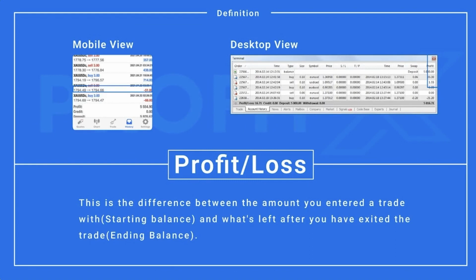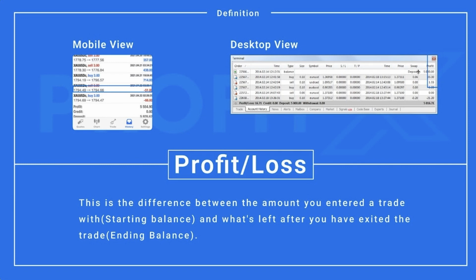Your profit and loss, which is commonly nicknamed P&L. You'll hear me talk about P&L. That's your profit and loss. That's the difference between the amount you start a day with, say 5K. In this desktop view, the start of the day was at 5K, and this is showing maybe a few days.